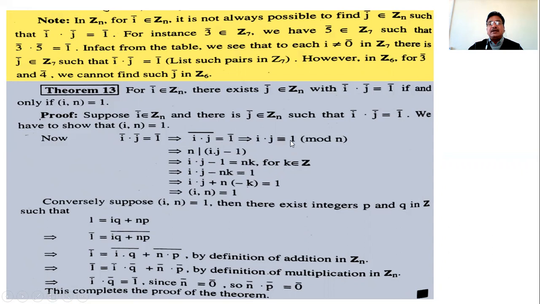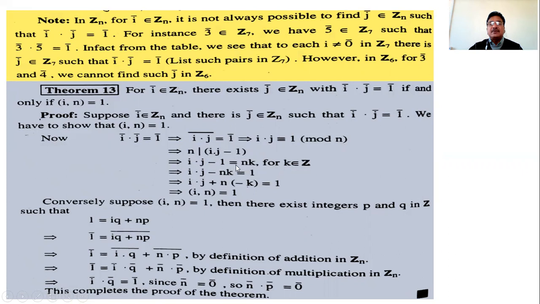So I into J is congruent to 1 modulo n, and this implies n divides I into J minus 1. This is by using the definition of the congruence relation. That is, a is congruent to b modulo n implies n divides a minus b. And then by using the definition of divisibility, n divides this number means this number is expressed in the form n into some integer.